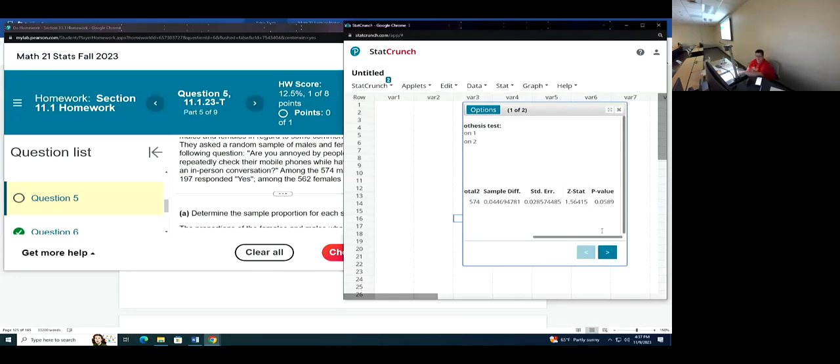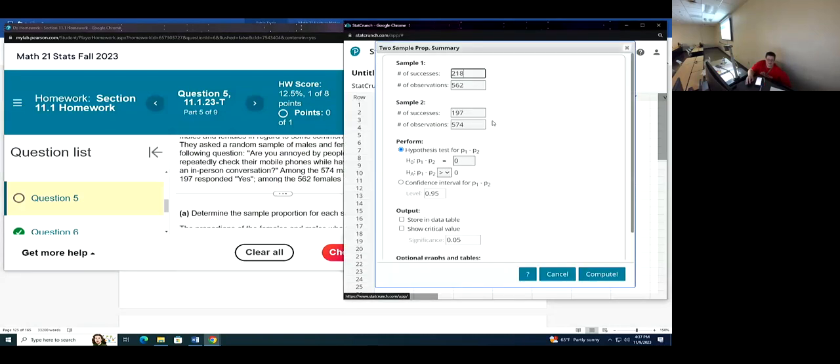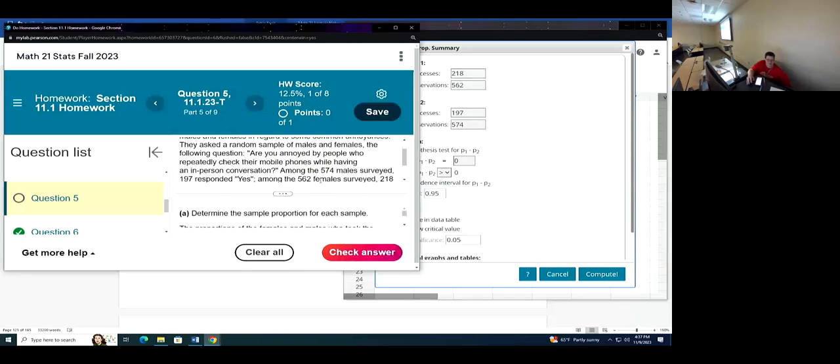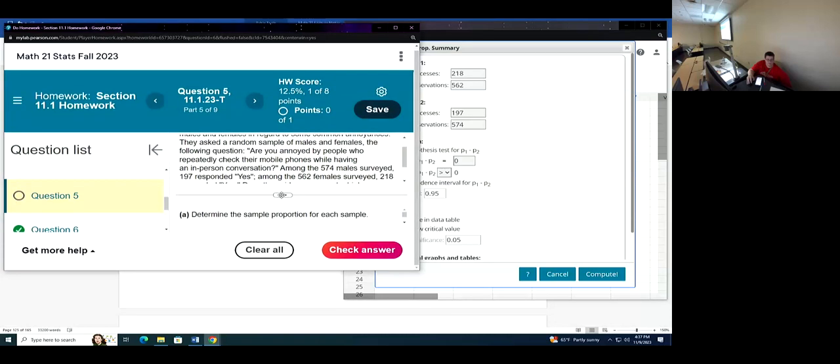That's why I still don't know where they got their 0.445. So what else is wrong here? What else did I do wrong? 197 out of 574, 218 out of 562. That part's correct. Was there more here?